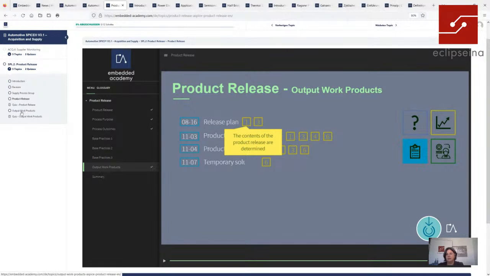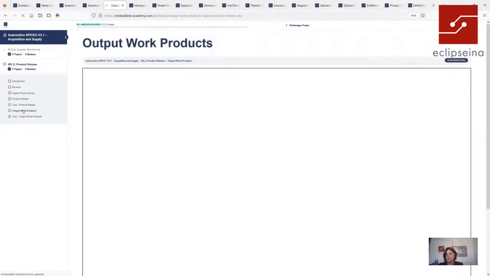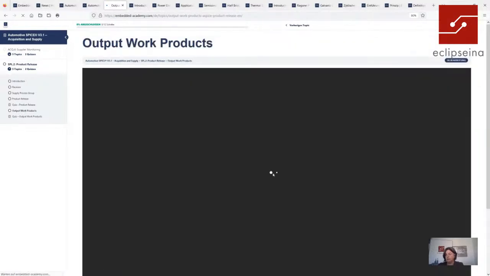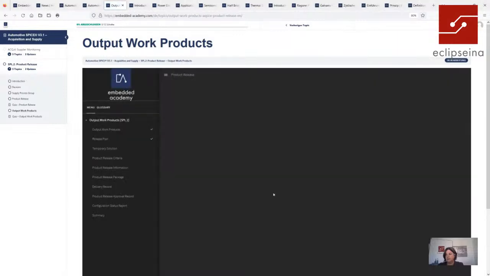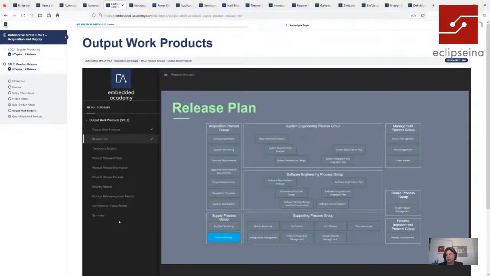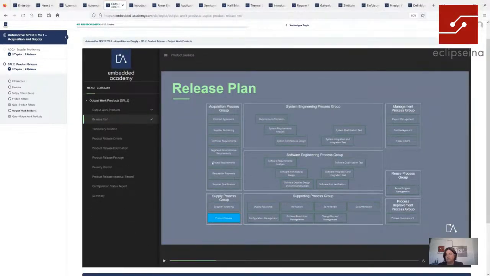And there I want to go also into the output work products to show you another connection, because these connections are important. For example, here it's not just the release plan, but it's explained the release plan is only available in product release.